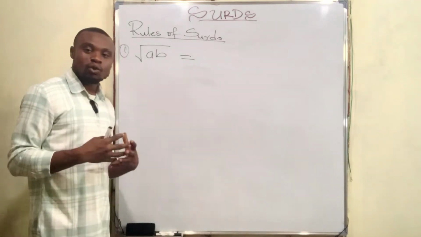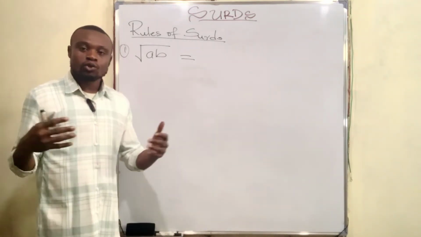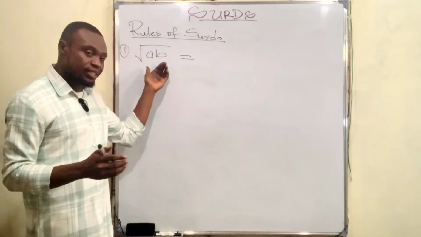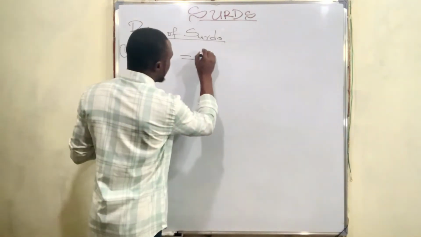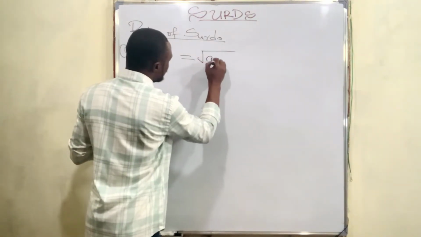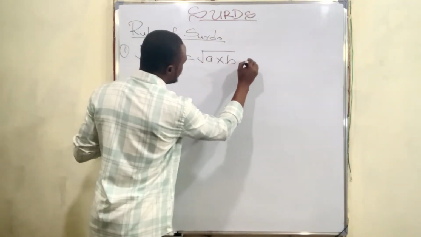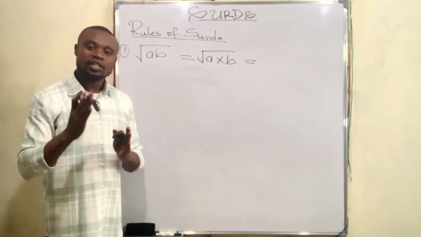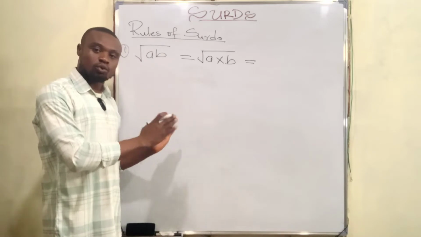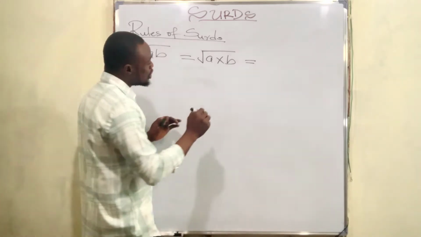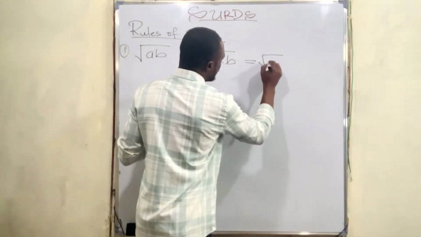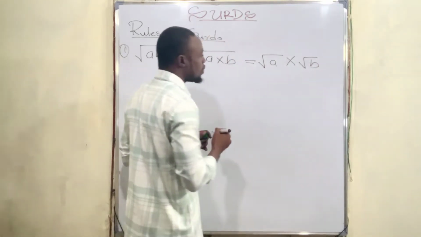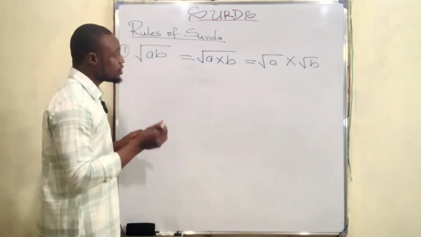Now we find two factors that can be multiplied to get that same number, AB. So we have the root of A multiplied by the root of B. Then we can individually get the root of the first number and the root of the second number, which is the root of A multiplied by the root of B. This is the first rule.